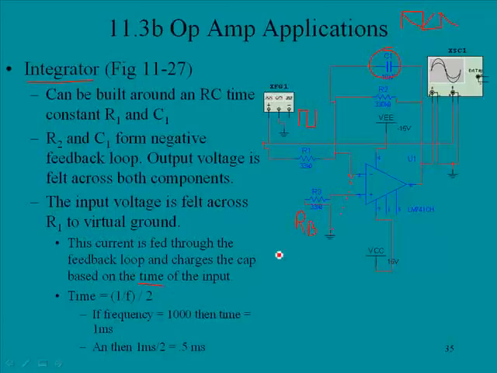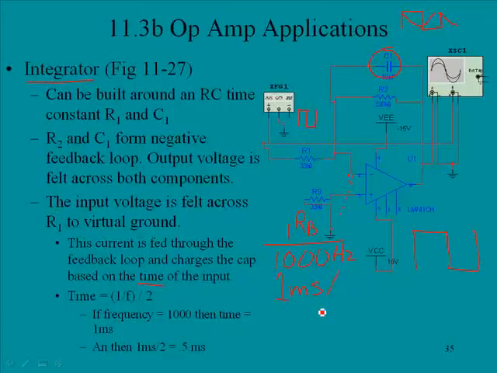Now, if this were a 1,000 hertz signal, then the time would be 1 over 1,000, and that would be 1 millisecond. And since we're looking at a square wave, and this would be the whole cycle, we're going to be looking at the charging time of the positive cycle and then the charging time of the negative cycle, but we need to separate them out.